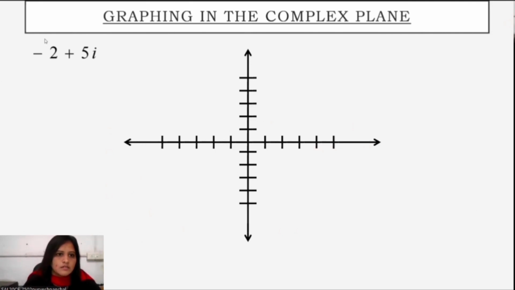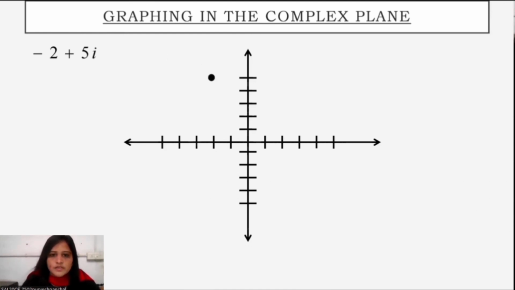So here our real part is minus 2, so minus 2 will be here. And the imaginary part b is 5, so it will be here.